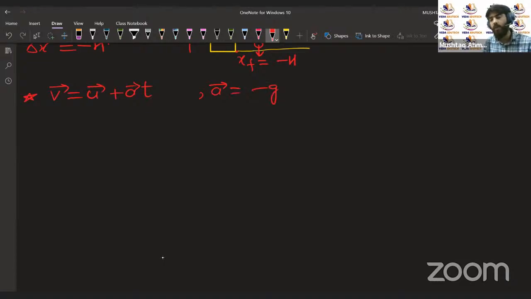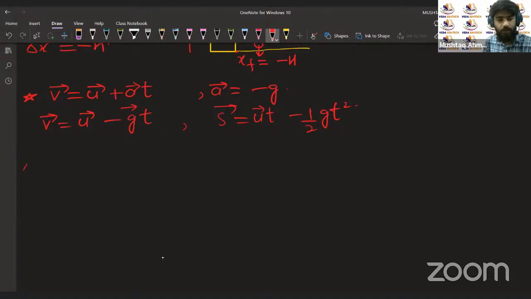So we can rewrite it as v vector is equal to u vector minus gt. Or we can write displacement as u vector t minus half gt square. Or v square is equal to u square minus 2gs, right?